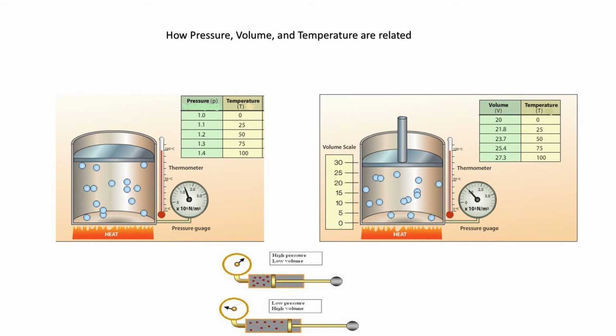Volume and temperature are also related. Just as pressure and volume are inversely proportional, so too are volume and temperature. If the volume increases, the temperature decreases. And if the volume decreases, then the temperature increases.